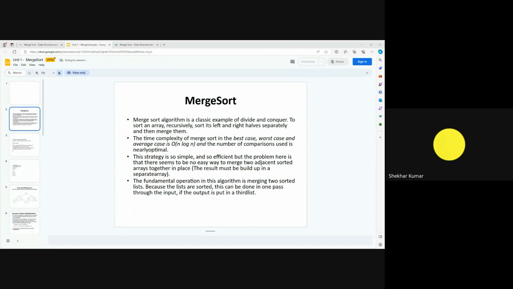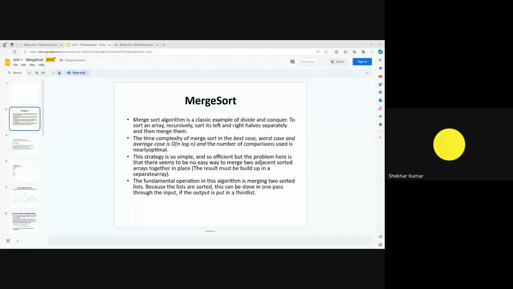And in the combine step of merge sort, we merge both sorted subarrays to get the final sorted array. It means we combine the solutions of both n by 2 size subproblems to solve a sorting problem of size n. This is the basic concept of merge sort.